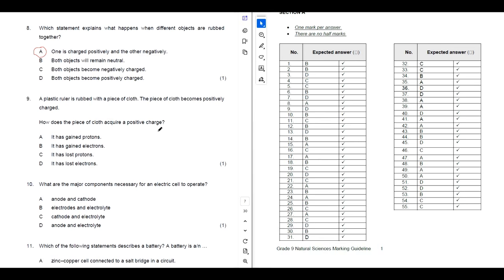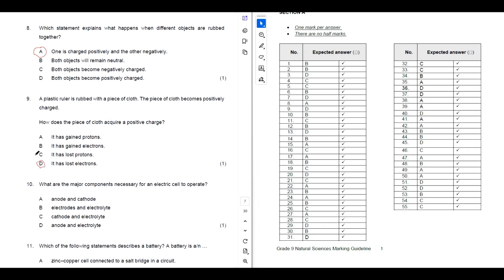It acquires a positive charge because it has lost electrons. So our correct answer will be D.